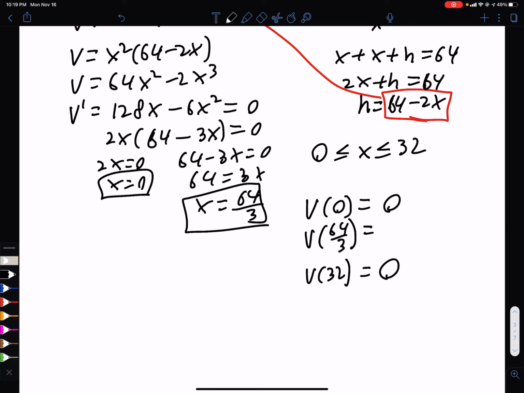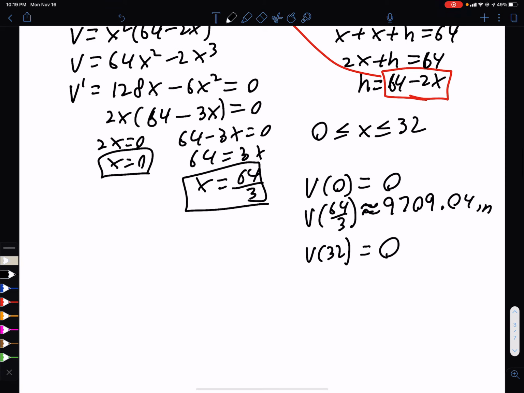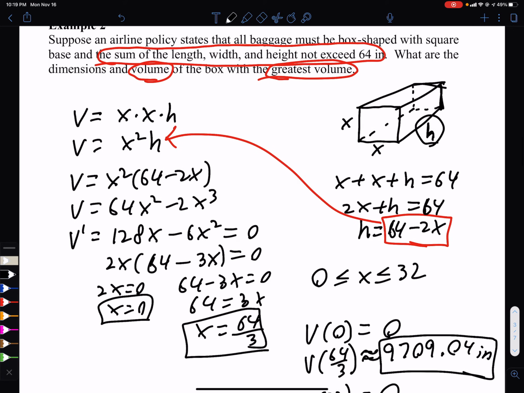Okay, I'm going to find that at 64 thirds, it comes out to be 9,709.04 square inches, I believe. This is approximate. So that's the maximum volume, but let's read the question.